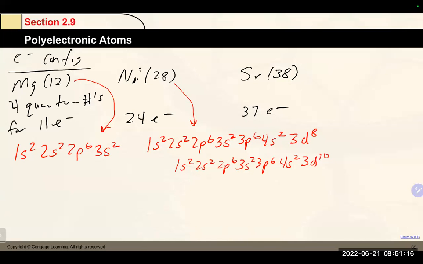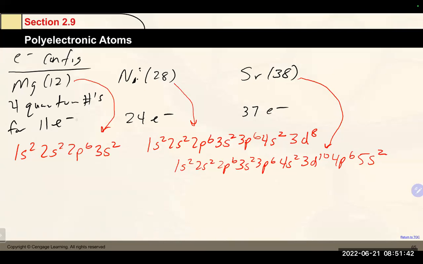At this point, we then would do a 4p6 next, followed by a 5s2 in this case. And that obviously should be strontium's configuration. Count up the numbers, should have 38 there, I hope. First off, any questions on writing the electron configuration?